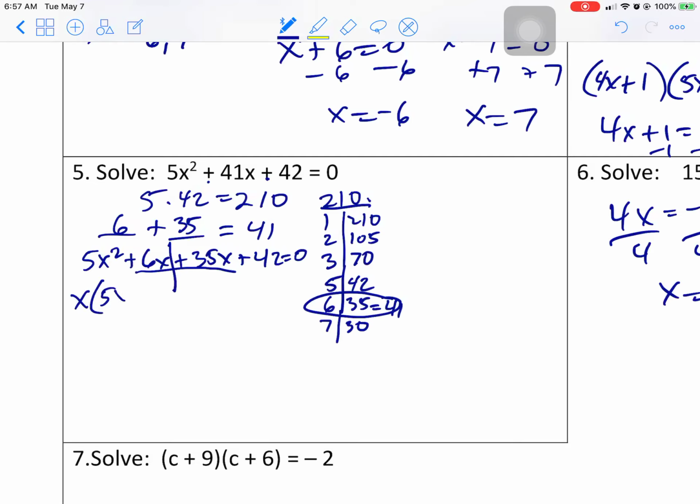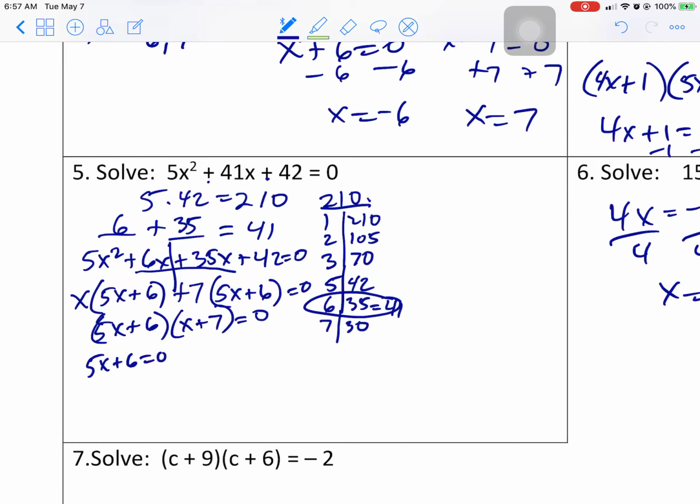X comes out, 5x plus 6, 5x plus 6. That's a plus 7 that comes out. So this is going to be 5x plus 6 times x plus 7 equals 0. Set factors equal to 0.